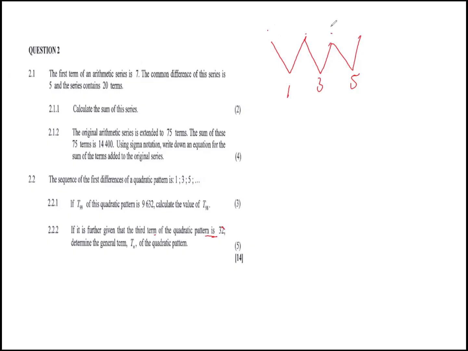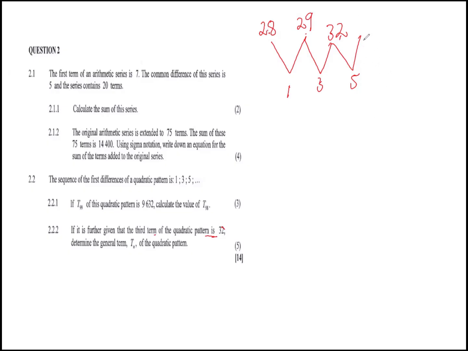So this one is 32. Now, using the fact that I've been telling you, if I want to find T2, I must say 32 minus 3, and then I get what? 29. Let's say I want to find the T1, I must say 29 minus 1. And then I get what? 28. So that's the quadratic pattern.